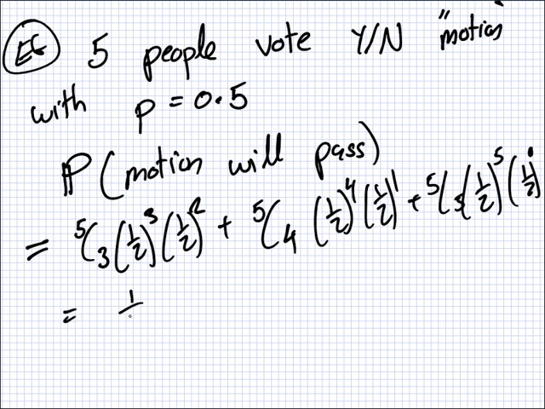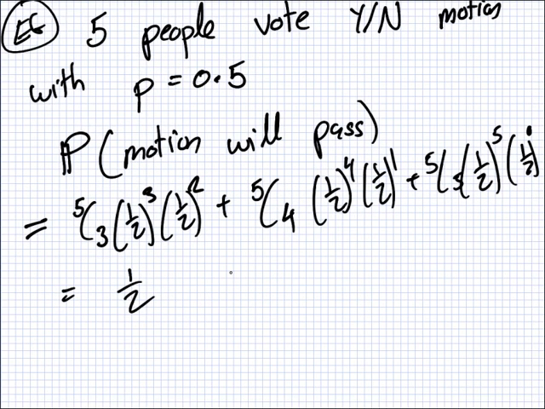So it totaled up to be a half. So 2, 4, 8, 16, 32. You got like 16 over 32 or something, did you? Okay. Continue?